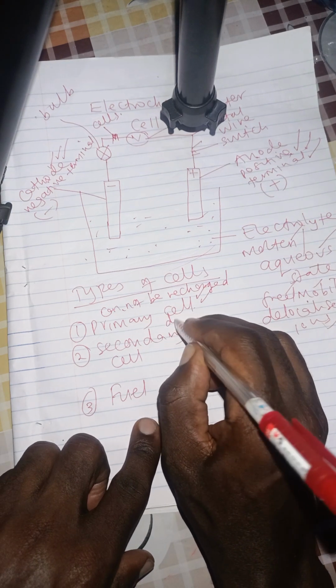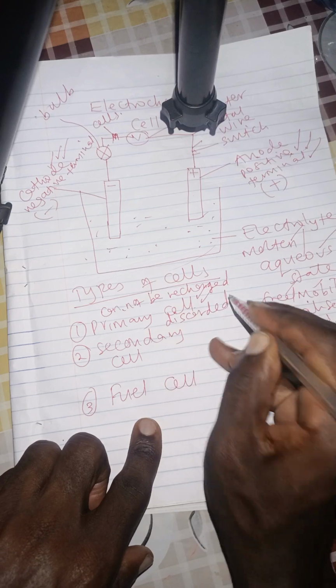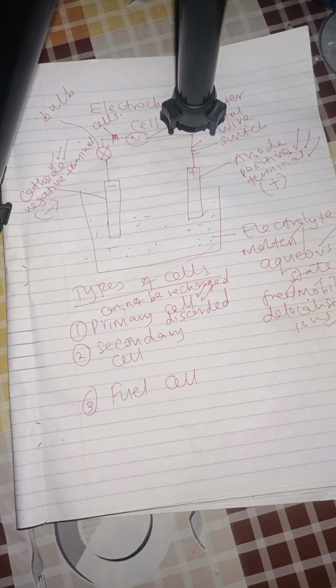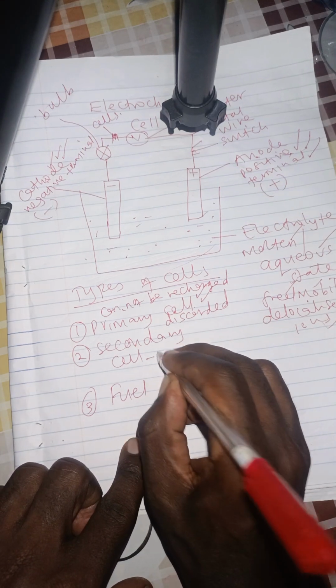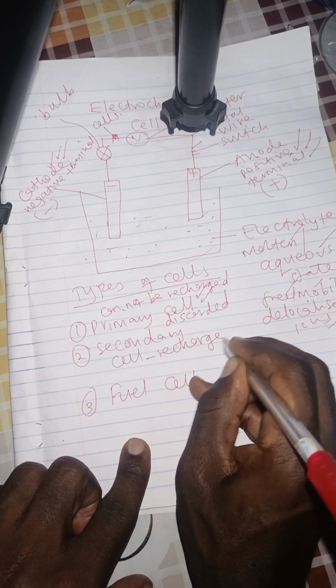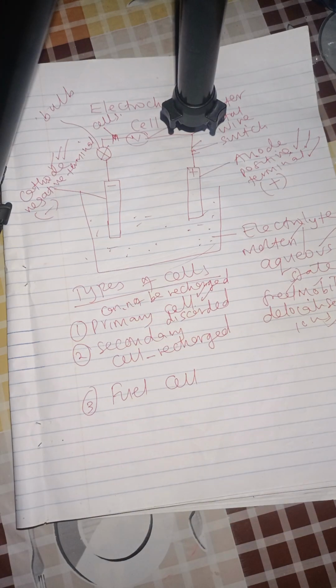So once the cell has been used, the cell is normally discarded or thrown away because it contains chemicals, and once all those chemicals are consumed and exhausted within that cell, the cell can no longer be recharged, so the cell is normally thrown away or discarded. But a secondary cell can be recharged, so it is no longer discarded. The cell can get recharged, and that gives it a better chance of getting used widely in our environment.